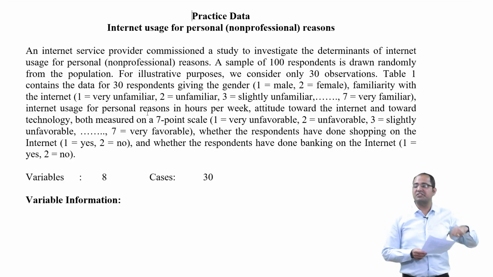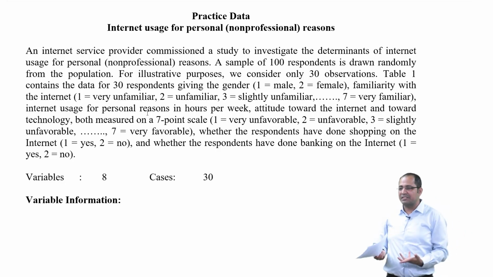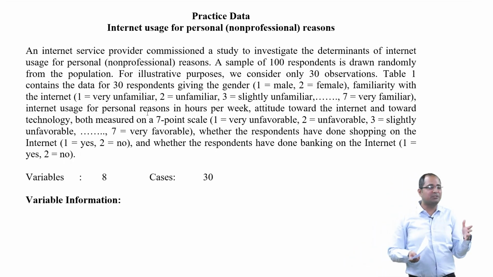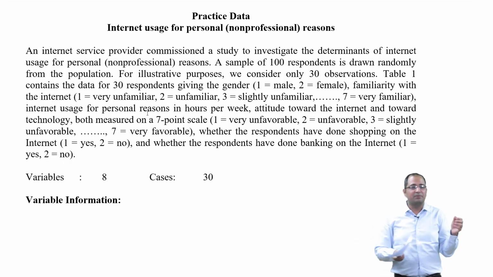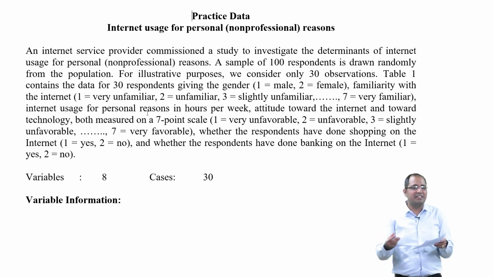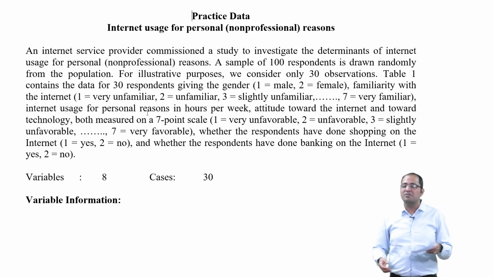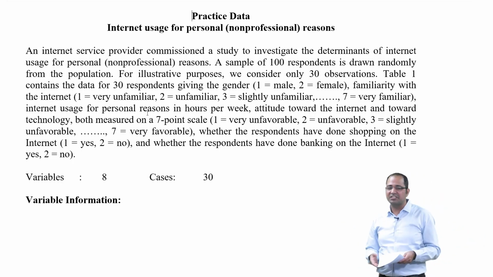Now this is a study which was conducted when data was not as easily available as potatoes, tomatoes nowadays, right? It was around 2005, when internet facilities were not as extensive as they are today.